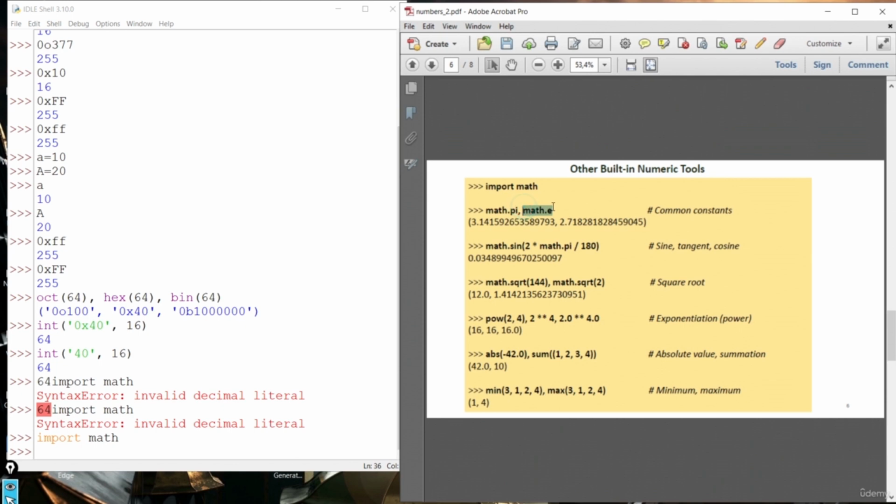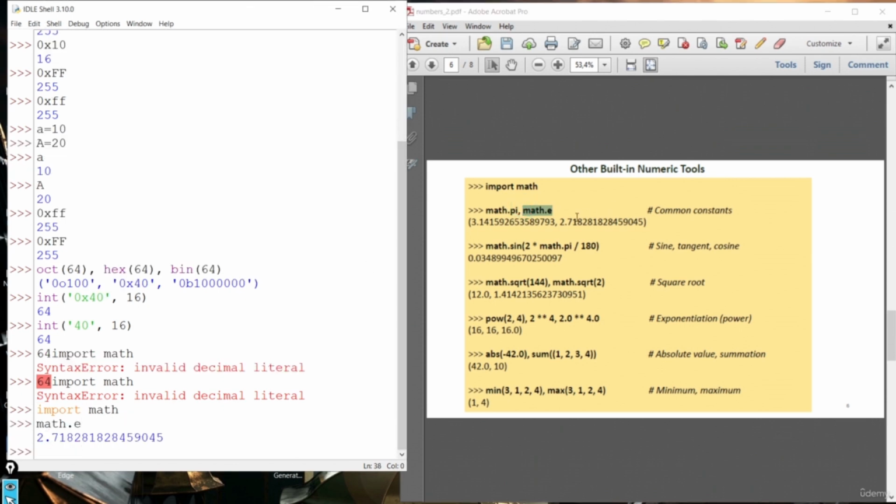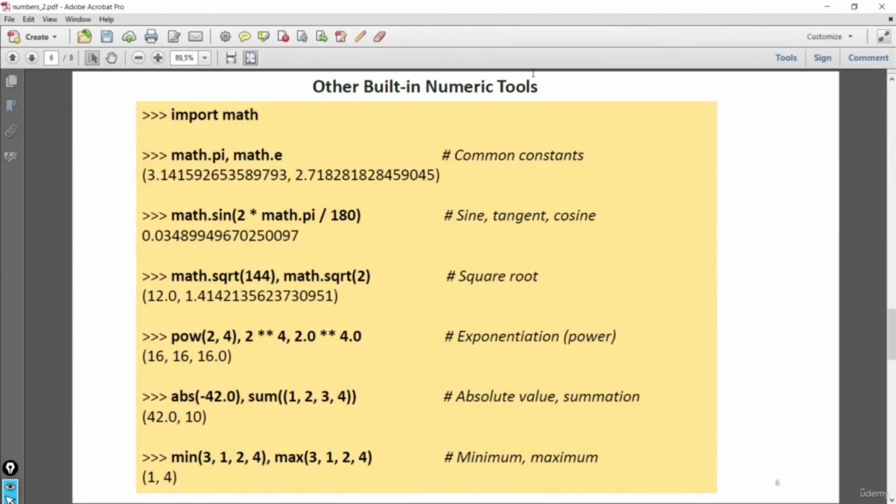So if I type math.e, I see the number e. Of course, pi can also be seen. And here we can use the sine function and the square root function available in the math module. So what is obtained here?